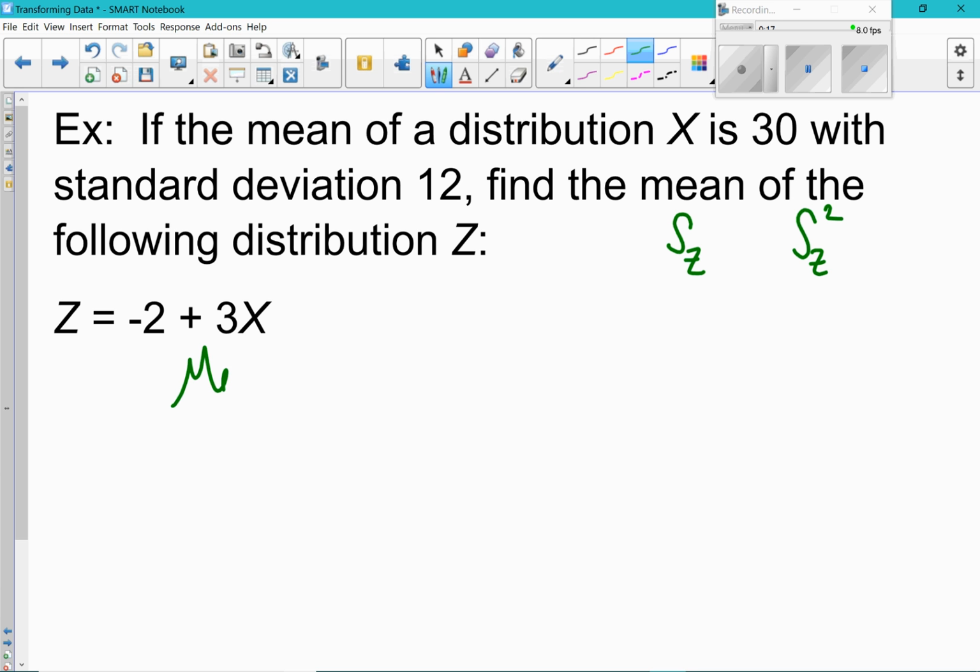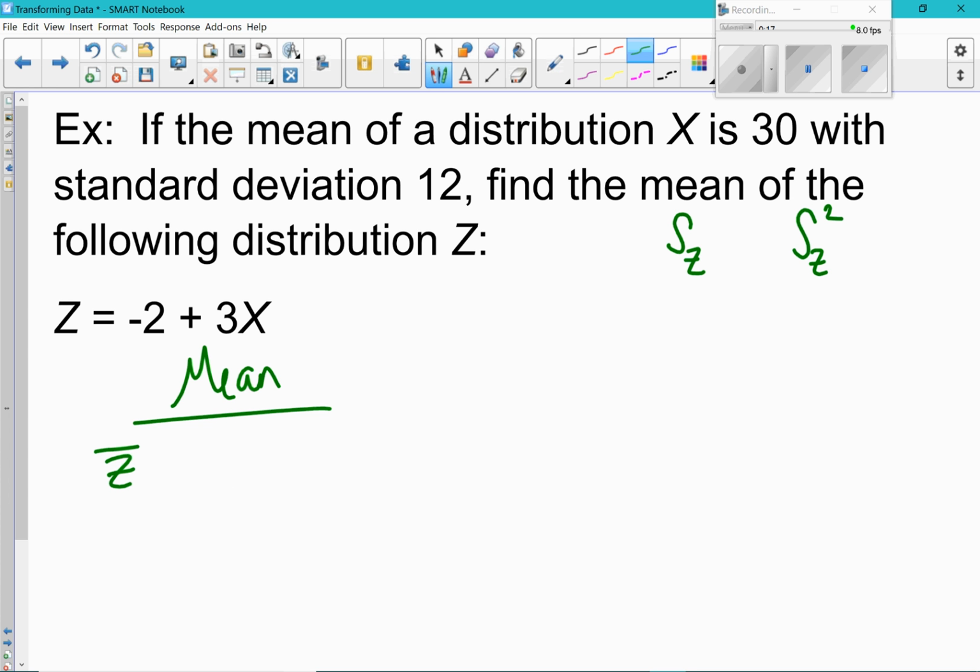Okay, so let's start by finding the mean. In this case, this is a good lesson in notation. Your calculator or a computer program will always refer to it as x bar, and you can subscript it, or because now our new variable is z, you can call it z bar. It doesn't really matter. I'm going to call it z bar just because I feel like it.